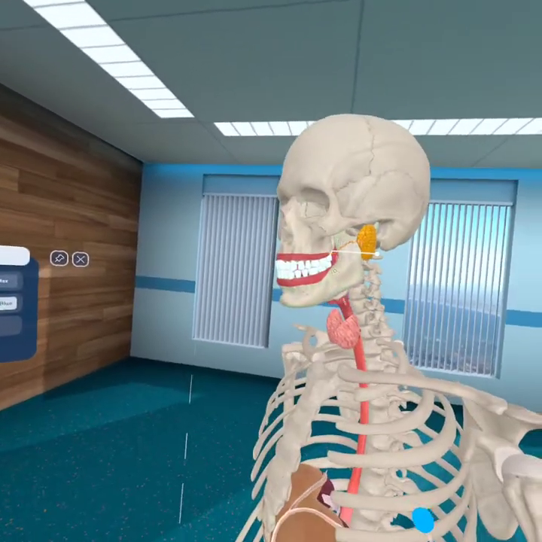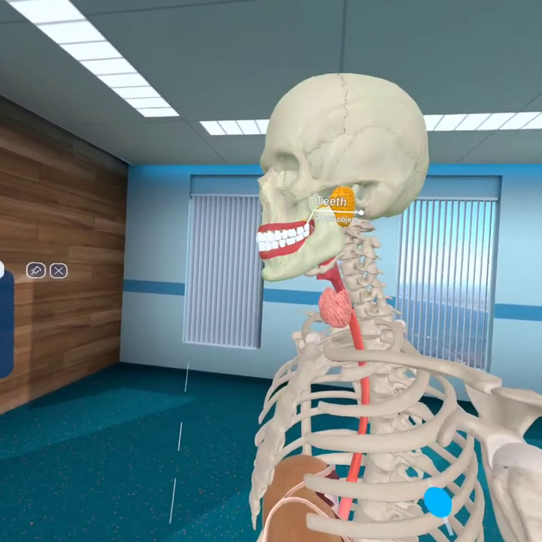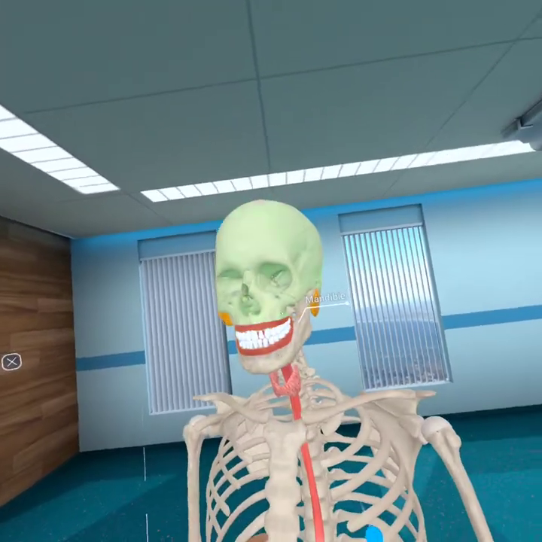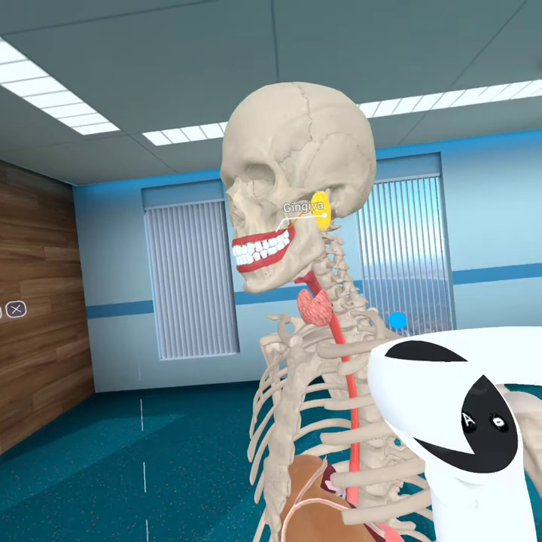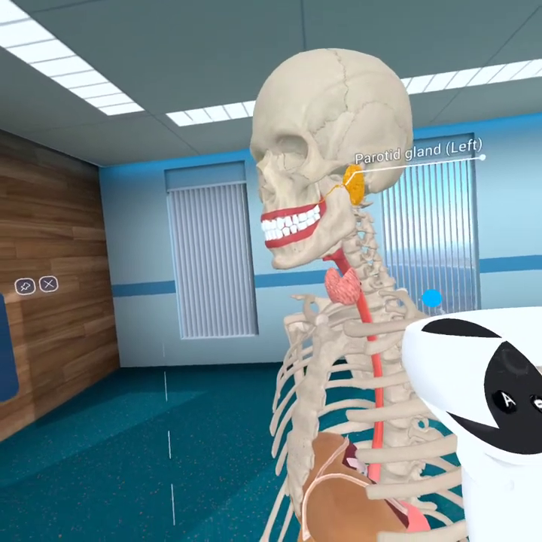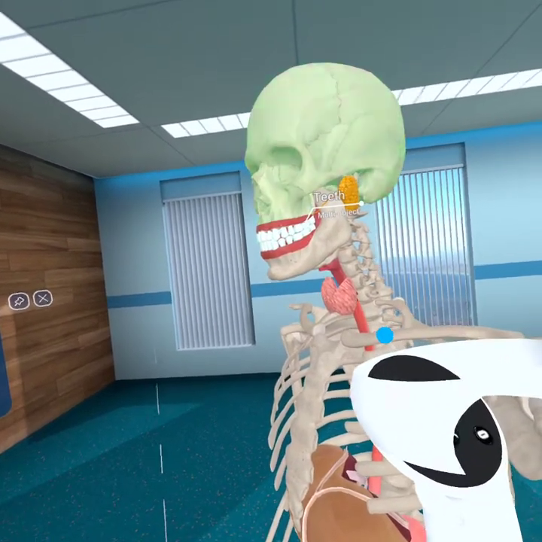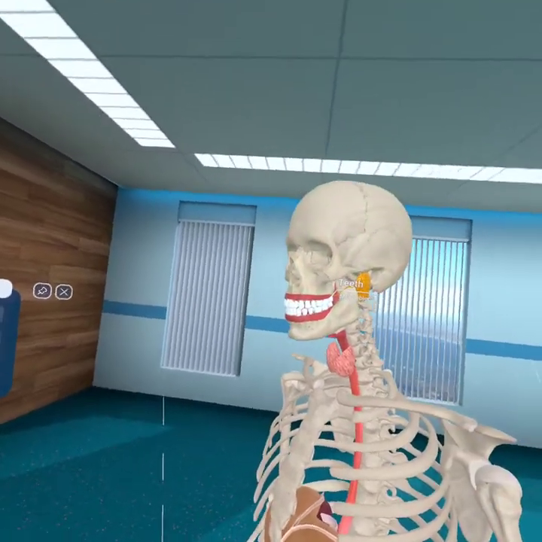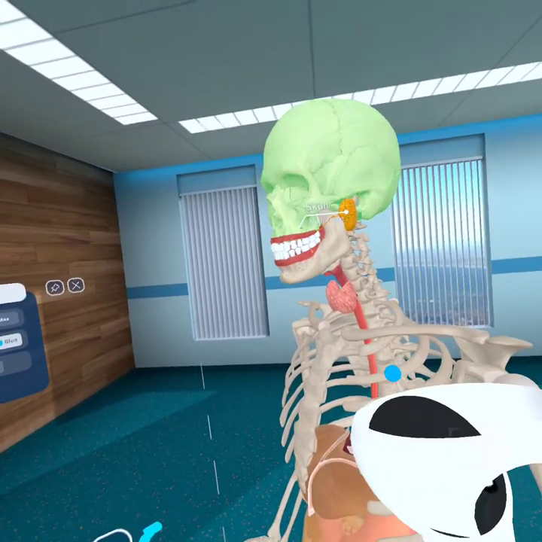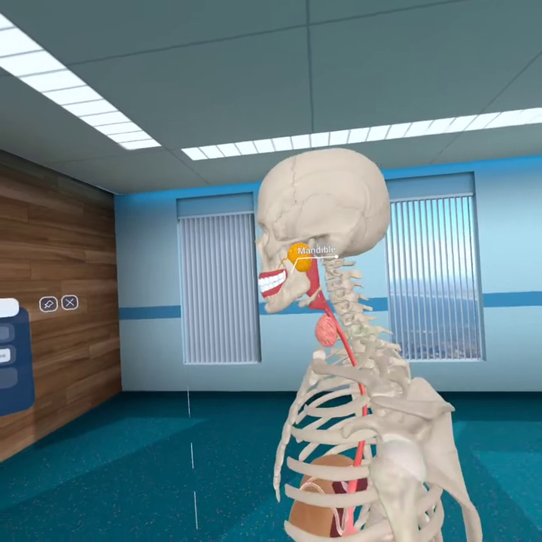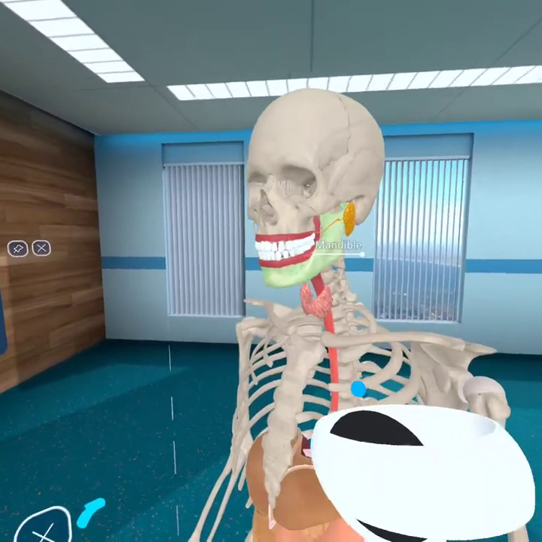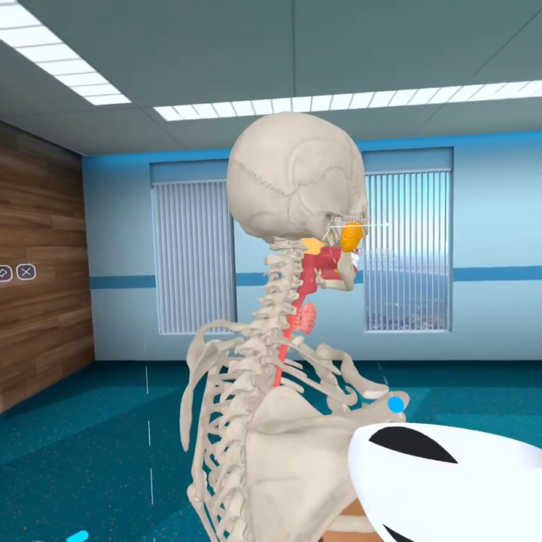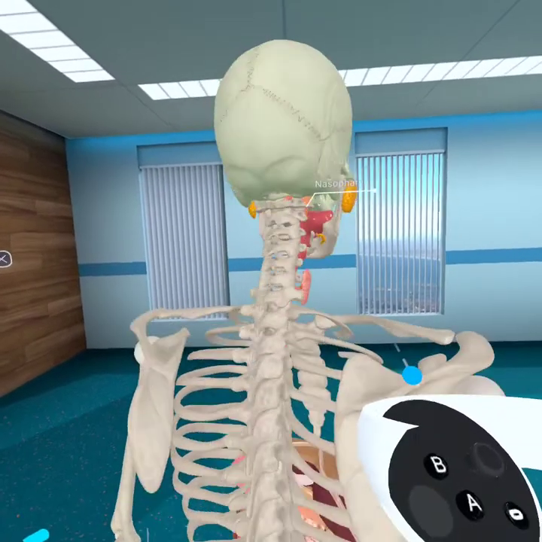If you missed it, oh well, better luck next time. I'm kidding. But now we all know where it is. It's from the parotid gland, and it secretes to the second molar of the maxillary upper teeth.